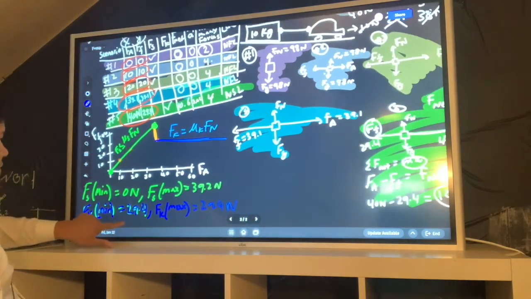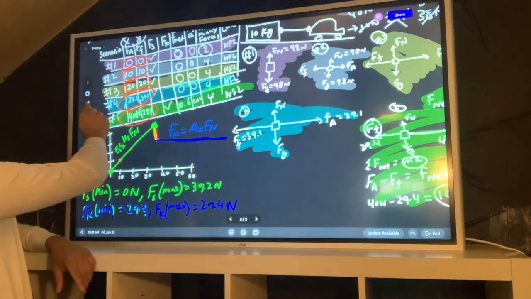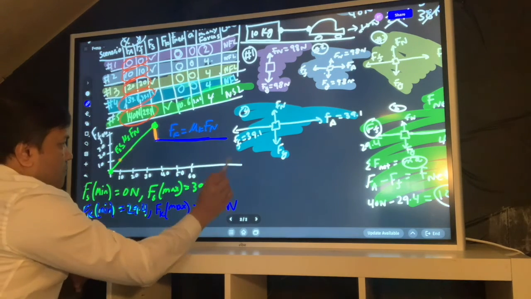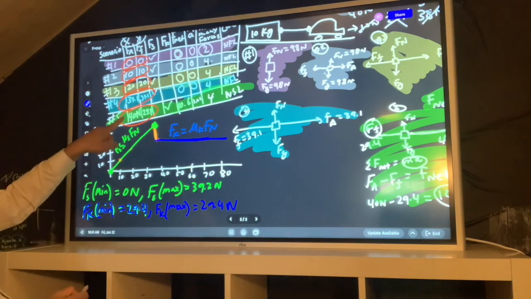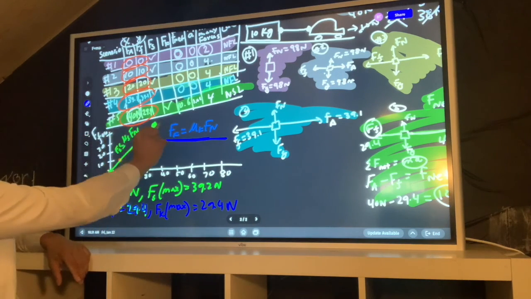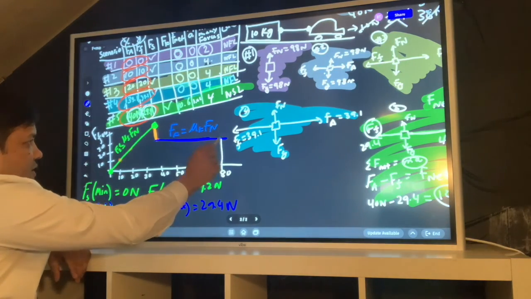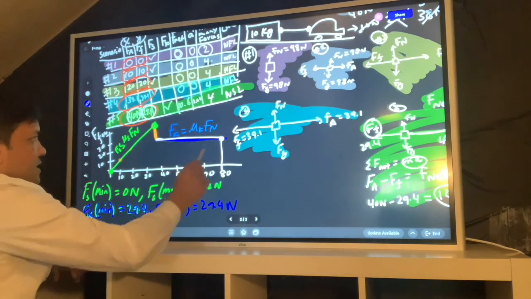Even if you increase your applied force to, let's say, 70 and 80, if you double your applied force, this is 40 Newton and you have 29.4. If you double your applied force, the force of friction is still 29.4.